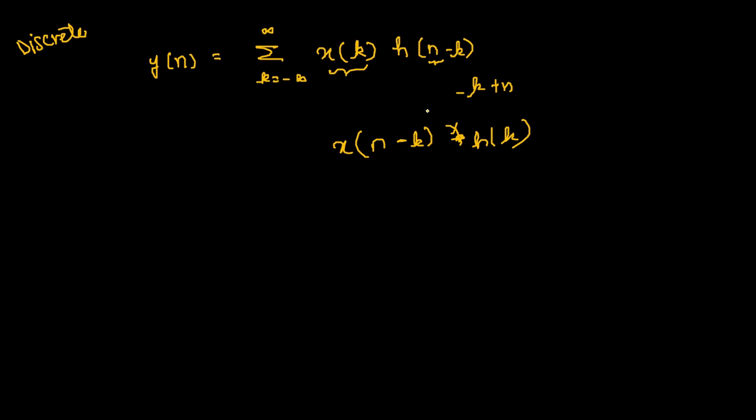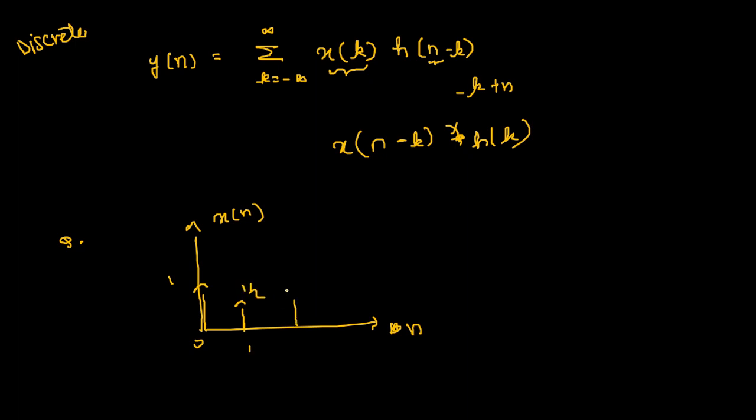So let's have a look at a question. A question would make this a lot clearer. Let's take h of n. At 0 we have 1, at 1 we have 1 by 2, and at 2 we again have 1 by 2.